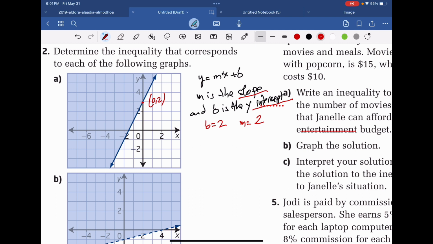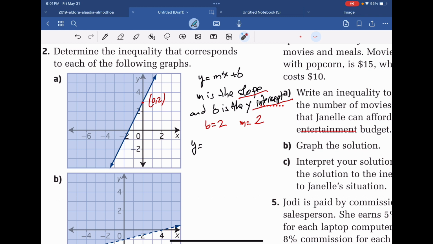So the equation of my graph will be, I'm talking about the equation of the line, of this line. Now we need to find the equation of this line. After that, we will verify if this point is included or not. If it's included, it will be this section. If it's not included, it will be the opposite.